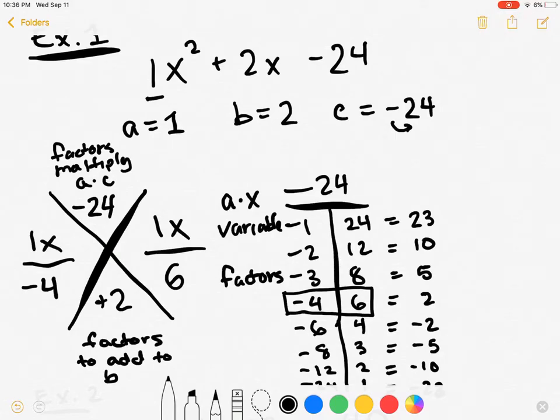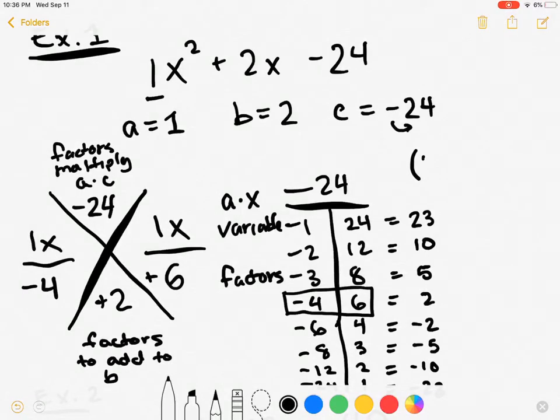So now the left and the right side are completed, and we essentially have our two binomials. We're just going to take those left and right sides and write them out more appropriately as binomials. When we factor it, our end result is going to be this one.